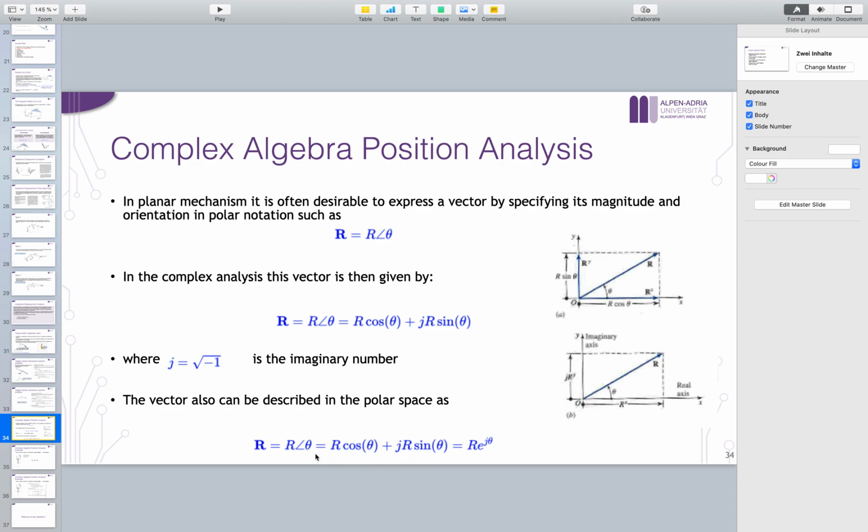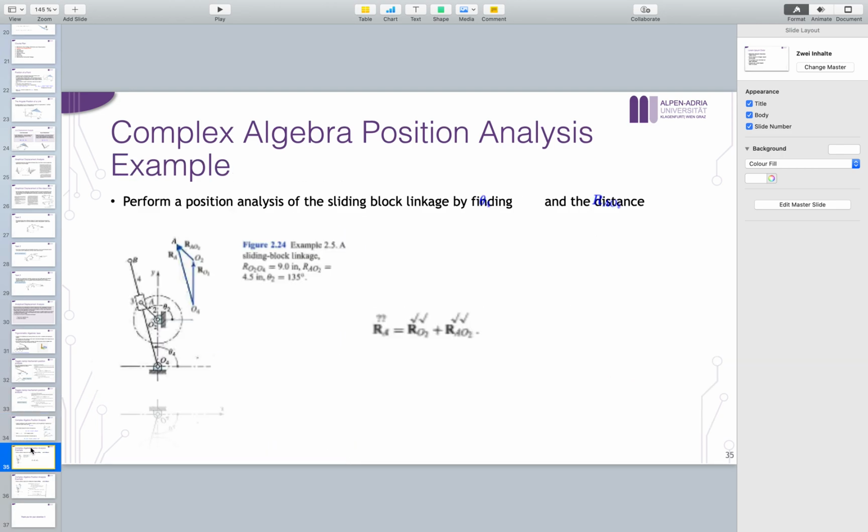Okay, this is actually the third representation of complex numbers. As we have seen, you can represent it as r multiplied by e, or the exponential of the imaginary number multiplied by the orientation. Okay, so this is important to consider, and then we can move on.